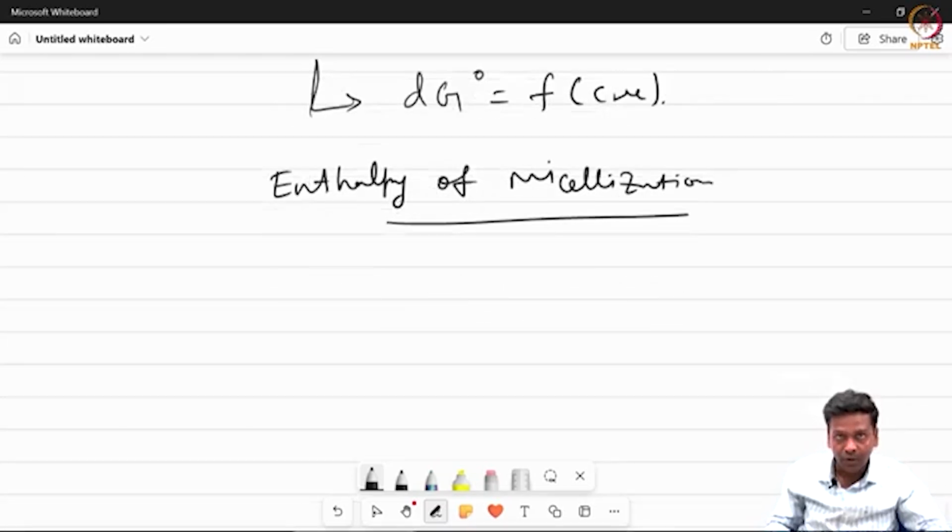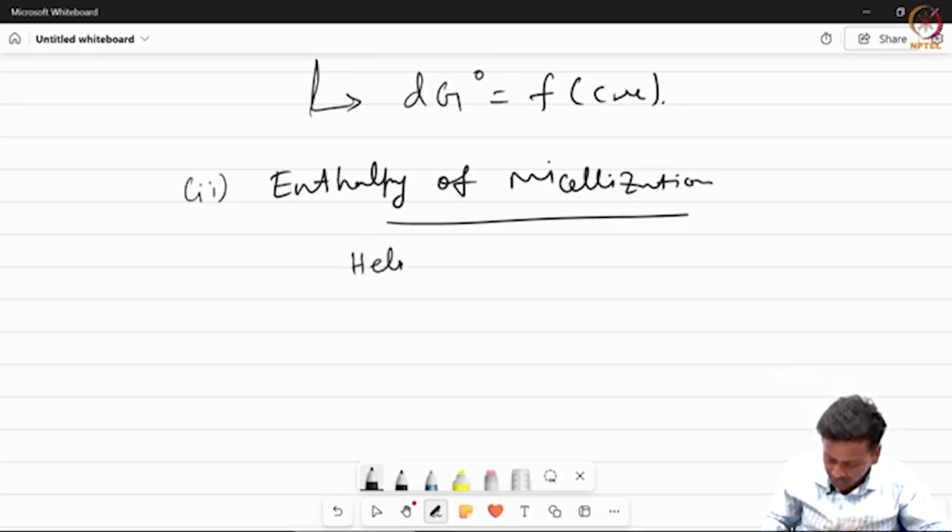So now we'll look at the enthalpy of micellization, right? So we will borrow the concept from the Helmholtz-Gibbs relation.